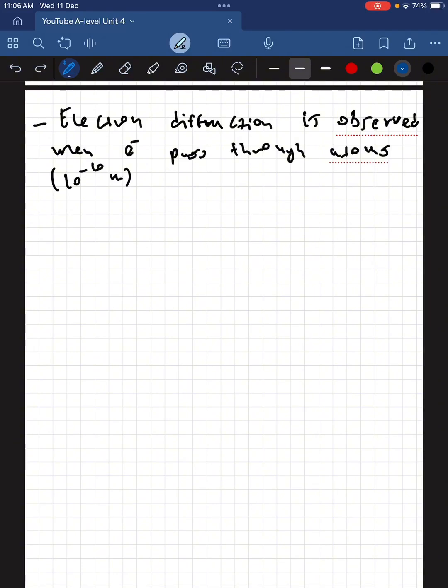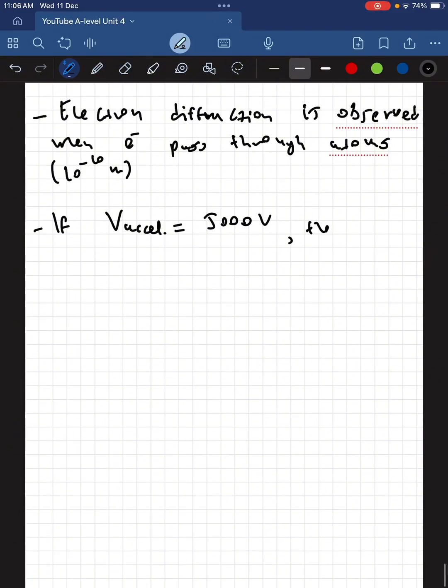So let's do a small calculation here related to the acceleration voltage. If V with which we accelerate electrons is 5,000 volts, let's see how much energy they gain. The velocity of electrons can be calculated using conservation of energy, right?